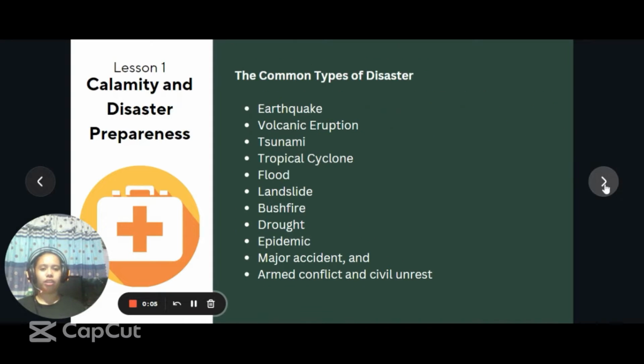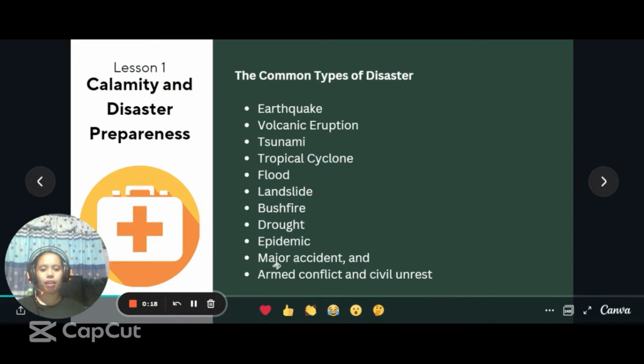These are the common types of disaster: an earthquake, volcanic eruption, tsunami, tropical cyclone, flood, landslide, bushfire, drought, epidemic, major accident, and armed conflict and civil unrest.